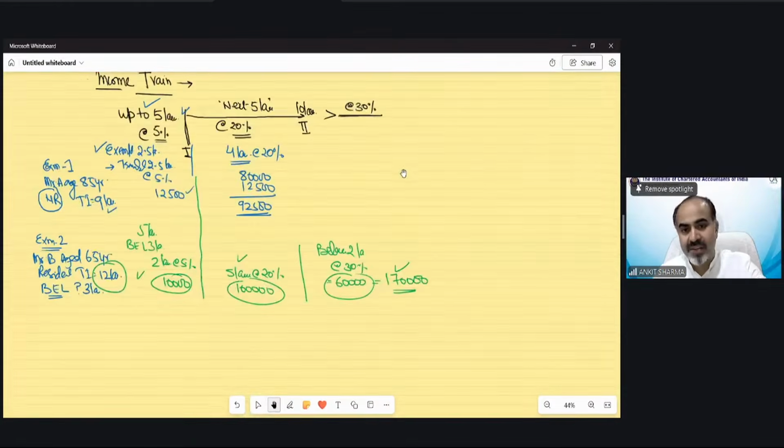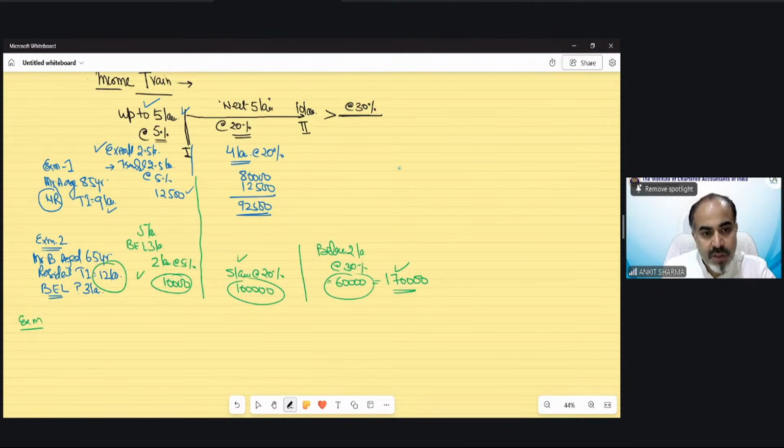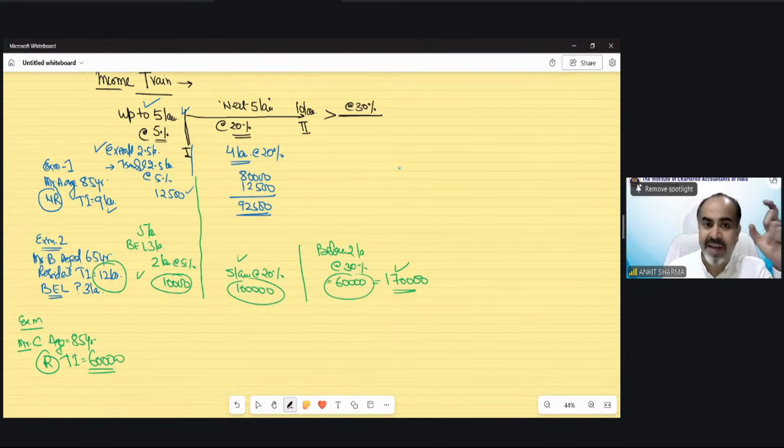So one more example. Suppose there is Mr. C, age is 85 years, resident, and total income is 6 lakh. So he will fall in A category.